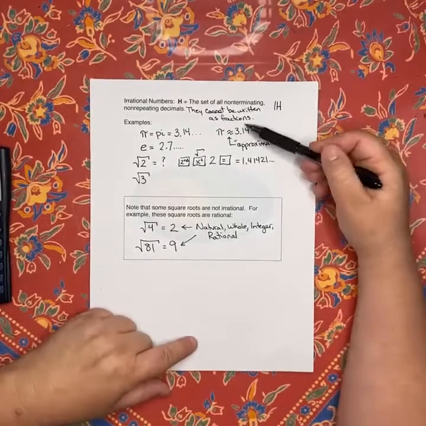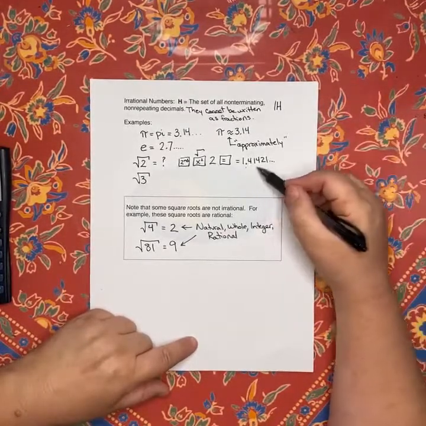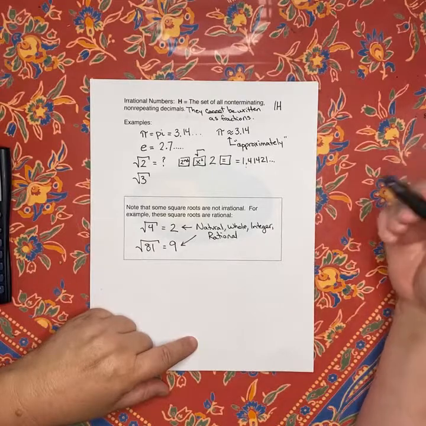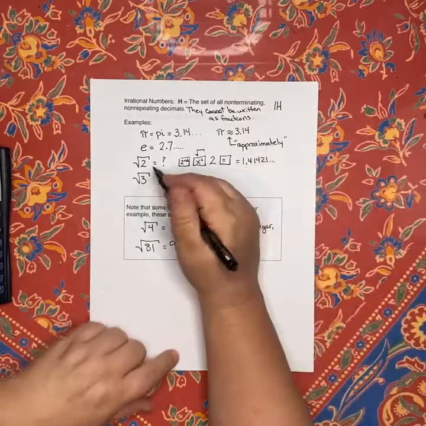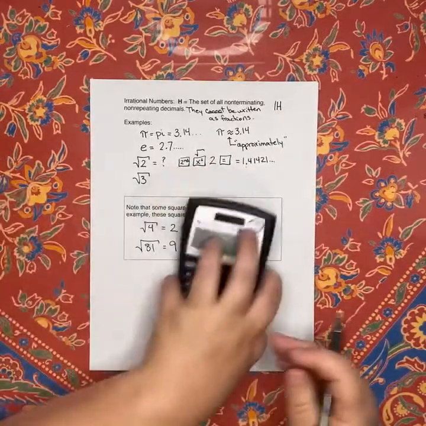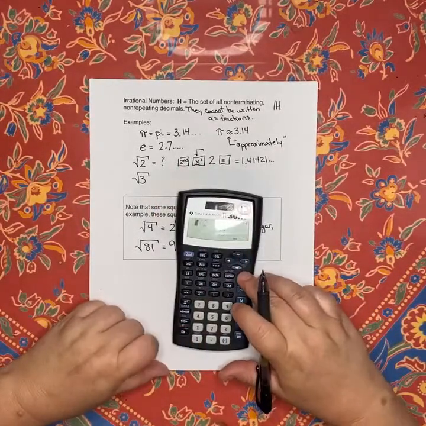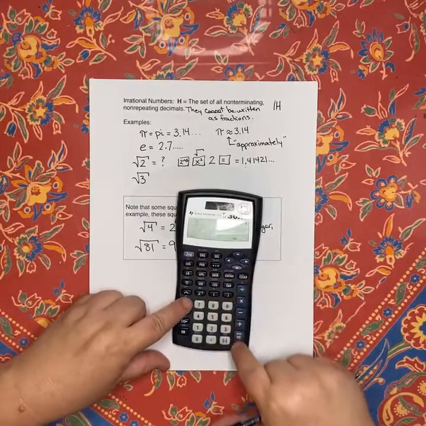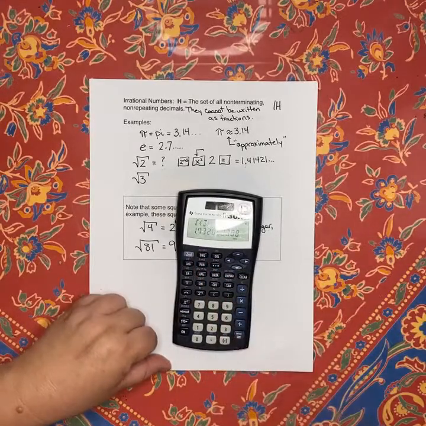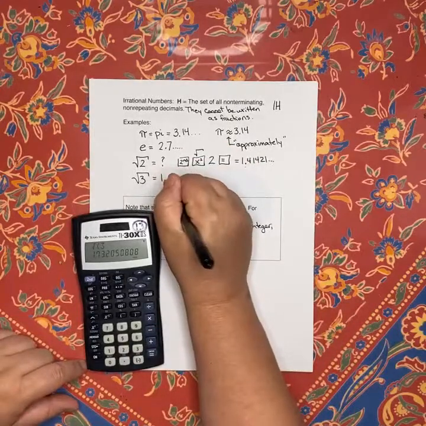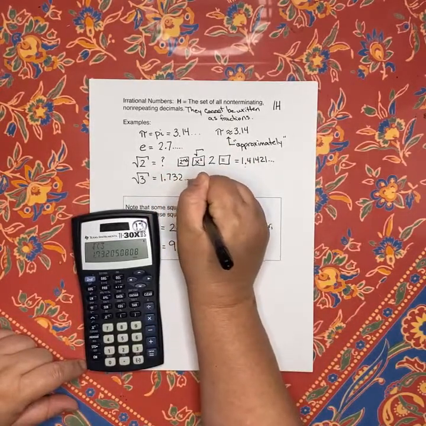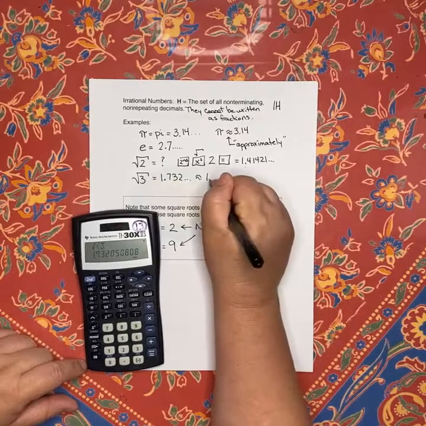So irrational numbers are numbers basically that just keep going. They don't repeat, they don't stop, they keep going forever. And so you're going to have to use a calculator. So again, I'll show you radical 3. Here's radical 3, 1.732, which is approximately 1.7.